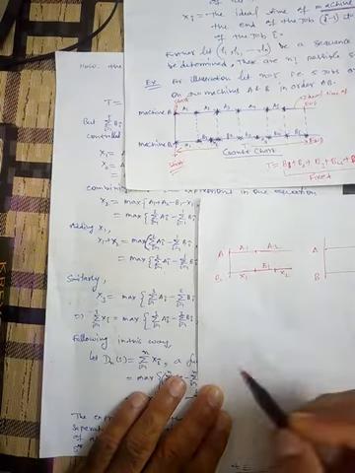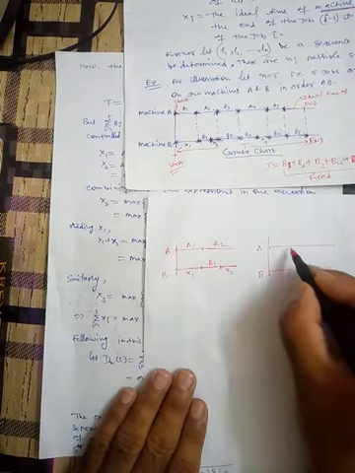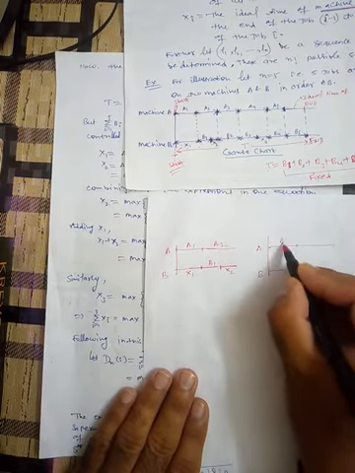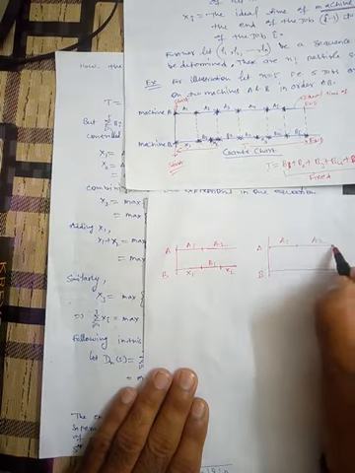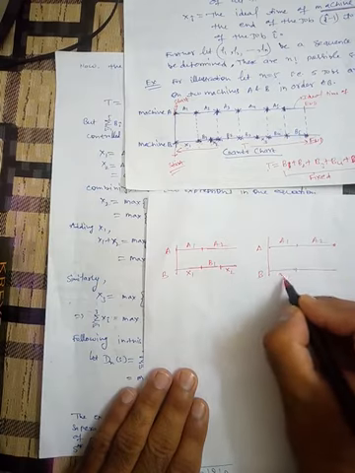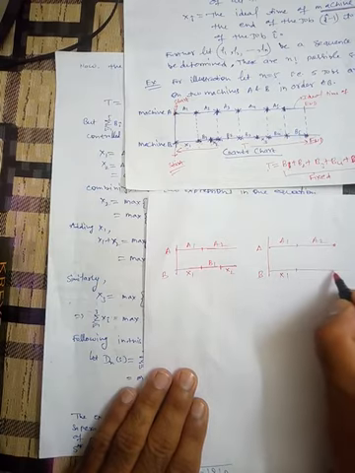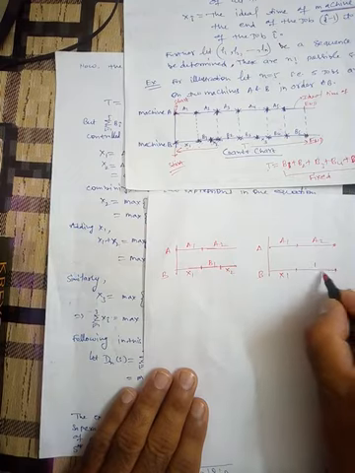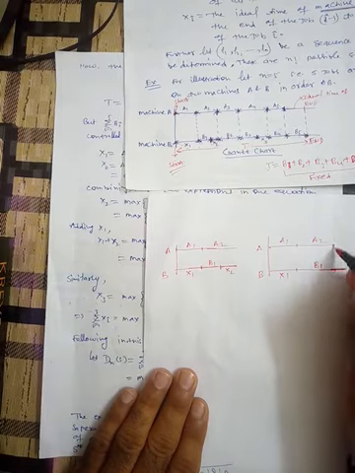This is our case. But the second possibility may be that here is A1, here is A2, here is x1, and then this may be B1, and this is the end point.